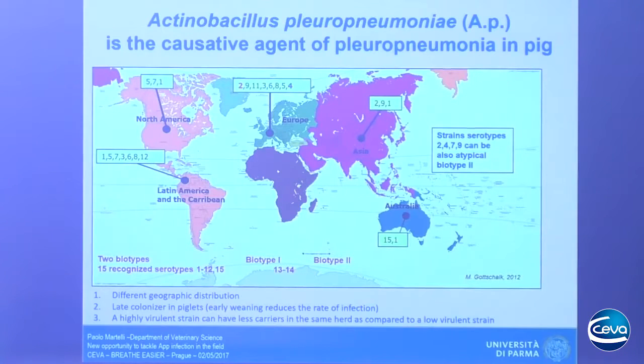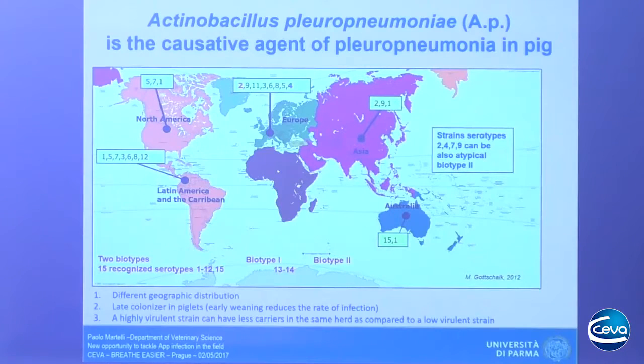It's important because early weaning is now not applied anymore, but I want to remind you that if we want to reduce the transmission of Actinobacillus pleuropneumoniae from sow to the piglets, we have to reduce as much as possible the duration of lactation, because the transmission from sow to the newborn piglets occurs during lactation.